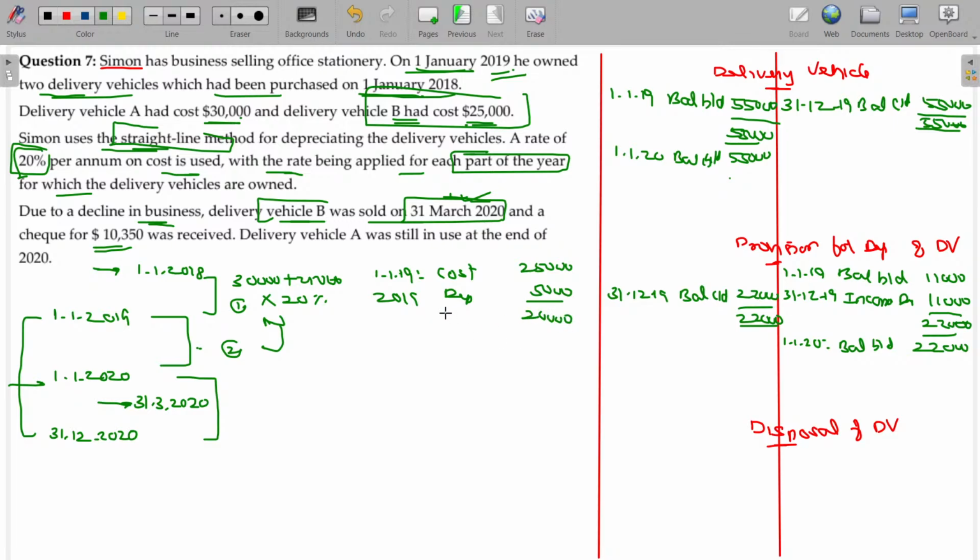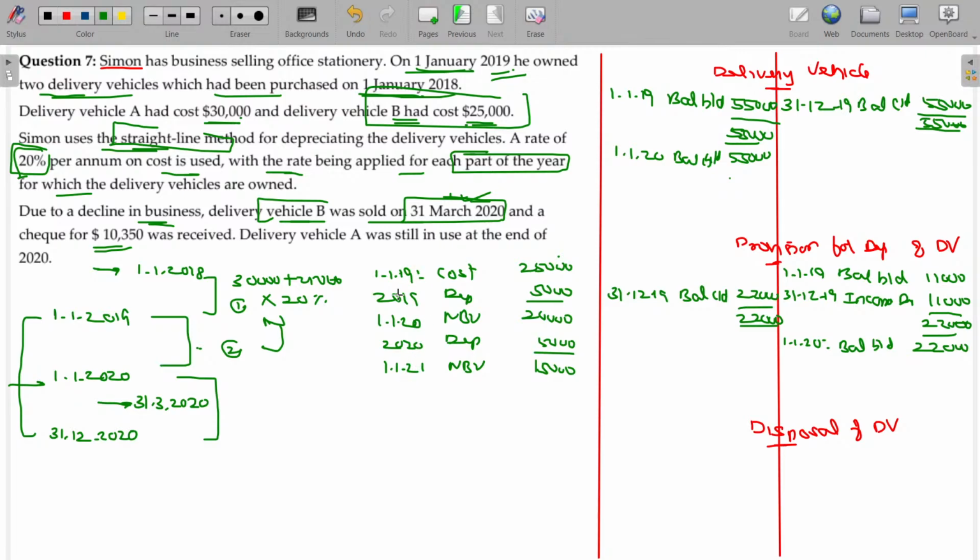This is the net book value on 1/1/20. In the year 2020, again you claim the depreciation at the rate of 20% on SLM. The original value remains the same, so the depreciation will also be the same. 15,000 will be the net book value. This will be the value on 1/1/21.